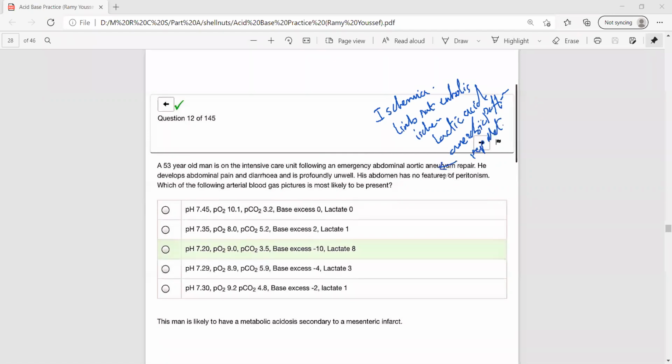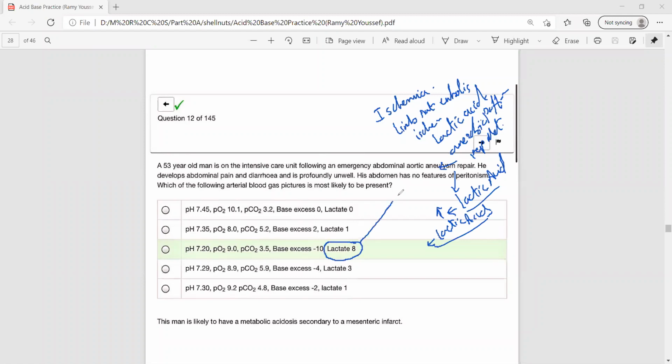The anaerobic pathway will create lactic acid. Any patient with any part ischemic, whatever the body part, this ischemic part creates high lactic acid, and this lactic acid is very dangerous for the body. So expect here that lactate is high.